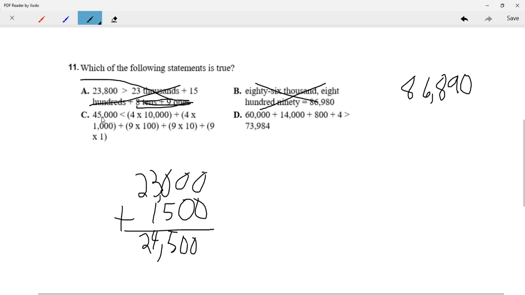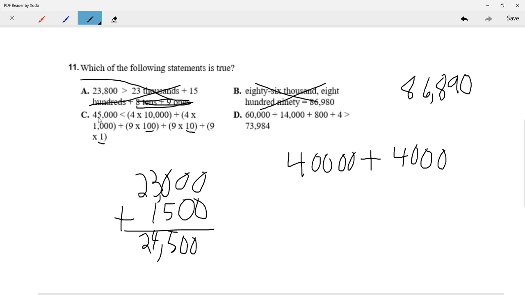So, 45,000 is less than 4 times 10,000. That's 40,000 plus 4 times 1,000, that's 4,000. Since the rest are hundreds, tens, and ones, we know automatically that if there's 4 ten-thousands and only 4 thousands, it doesn't matter what the hundreds, tens, and ones are.